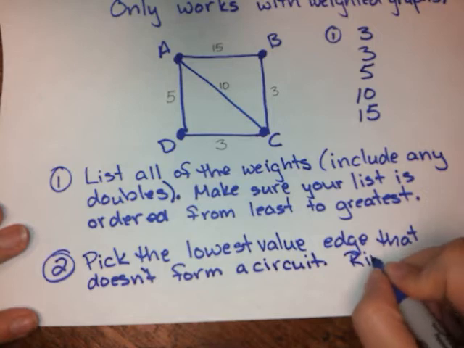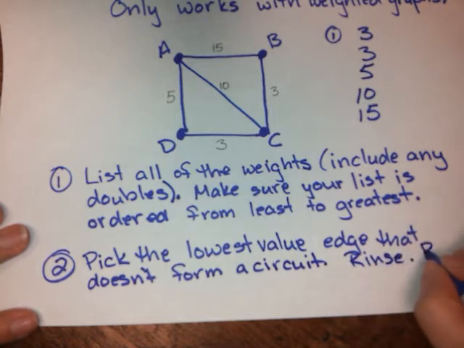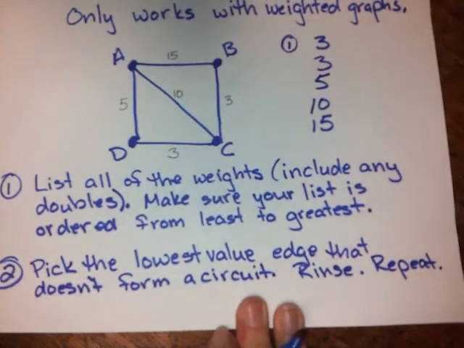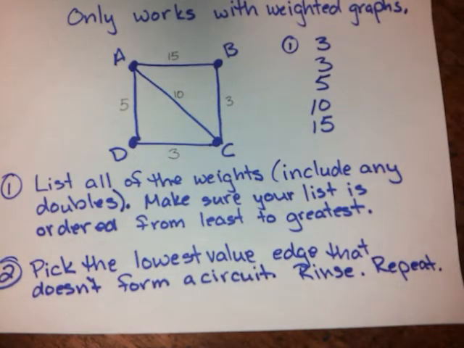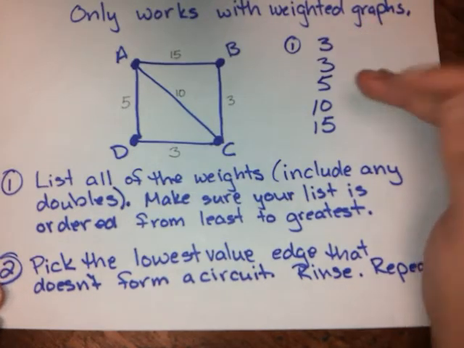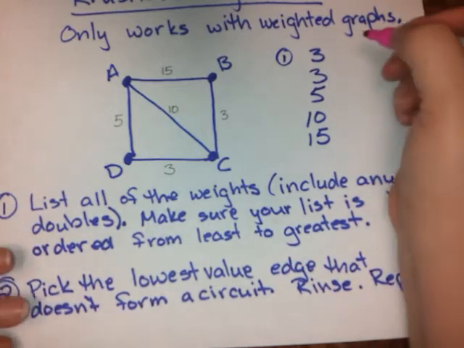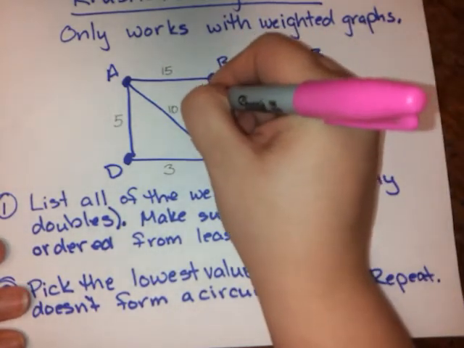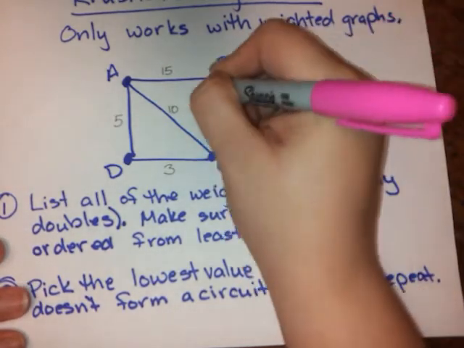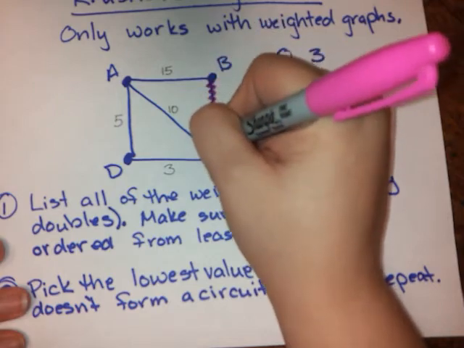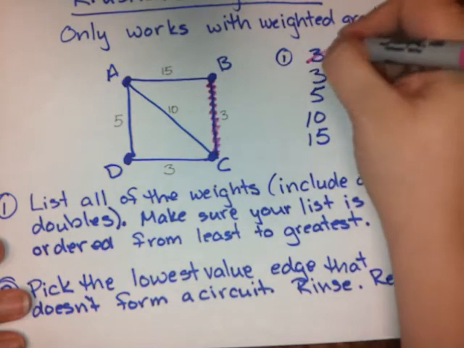And then rinse and repeat. Okay, so what that means is I'm going to start with the lowest edge on my list. The lowest weight is 3. I can pick either one of those 3s, but that is an edge in my graph. That's going to be an edge in my spanning tree. Okay? And I can cross it off.